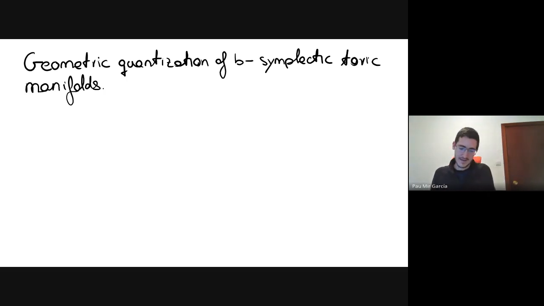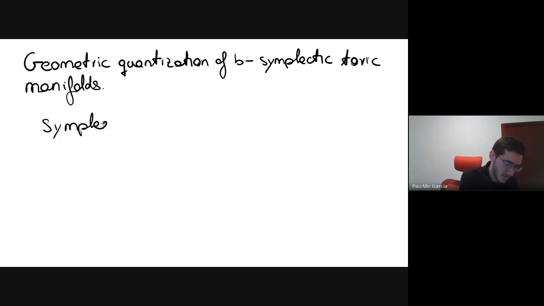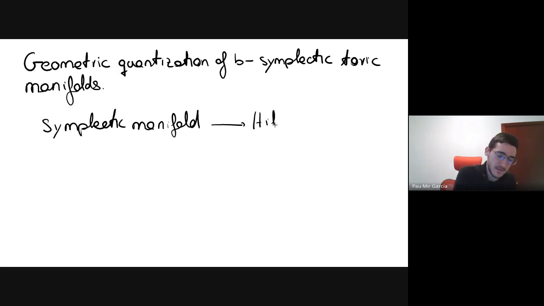So to start, the big idea of geometric quantization is to transform a symplectic manifold to a Hilbert space, which will be the quantization space.